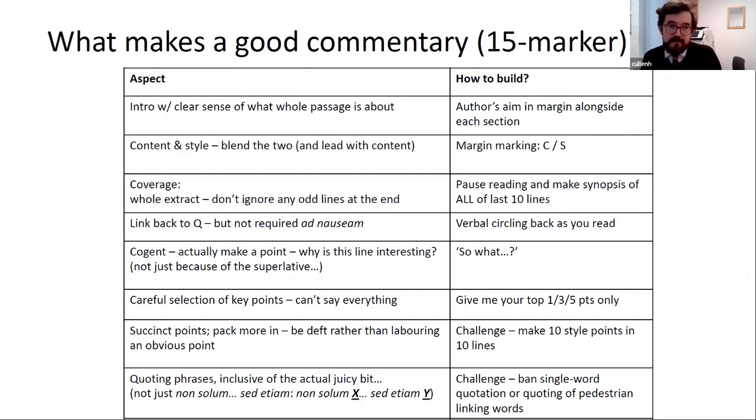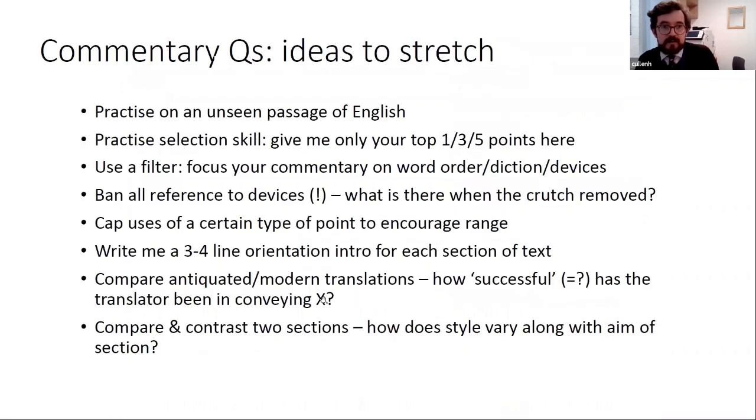Now I've got a few suggestions about extra activities you could do, some of which are in the above, but there are others here too. This is mainly to stretch the teaching so that the writing is developed all the way along. So we said to use some English and maybe unseen English as well. Use a filter.